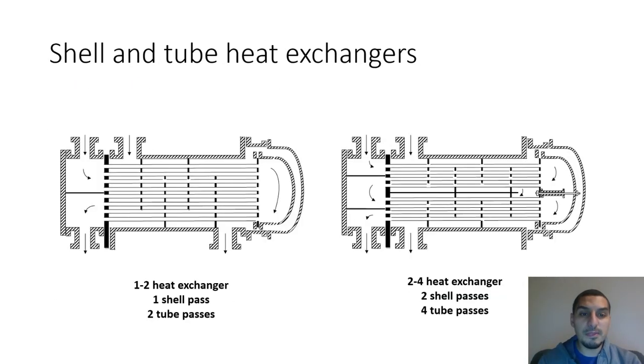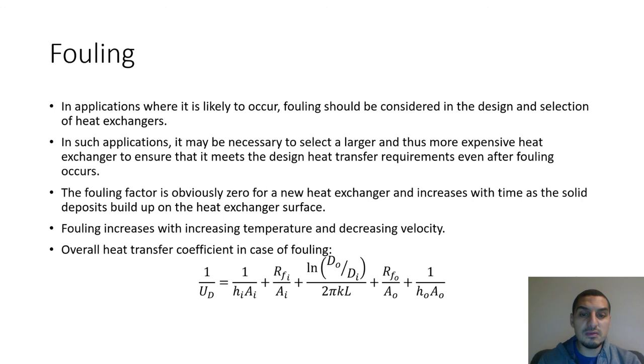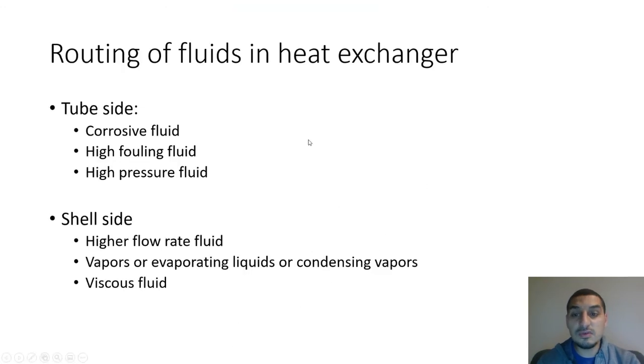So what we would see is that in the case of corrosive fluid, high fouling fluid, or high pressure fluid, we would prefer to route them in the tube side. And just to think about it, if you have a corrosive fluid, like an acid or a base or something like that, then you should use a material that is resistant to the corrosion, which is going to be an expensive material.